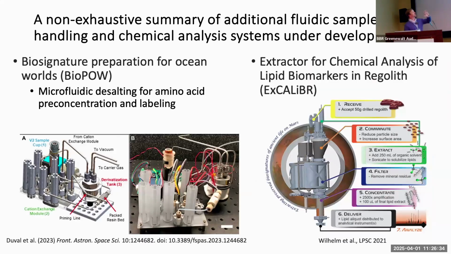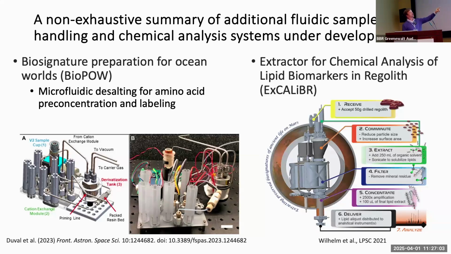Okay, so this is my non-exhaustive summary, because it's always hard when it's new technology, because it's changing, but just a brief flavor of what is out there. So BioPow: you'll see again that discrete characteristic, where you've got discrete reservoirs, a manifold, and individual components, and this is preparing to desalt and pre-concentrate amino acids ahead of a GCMS derivatization.